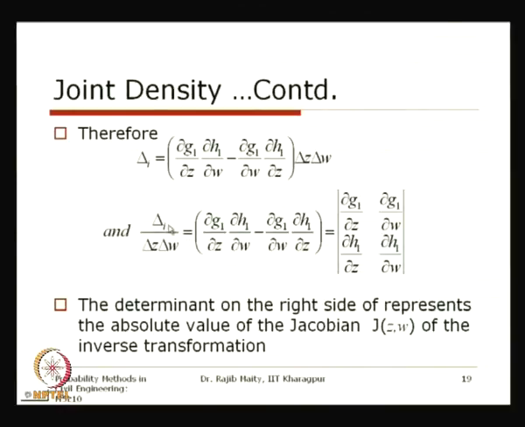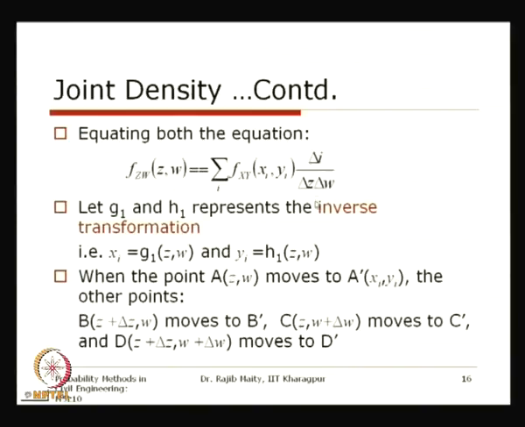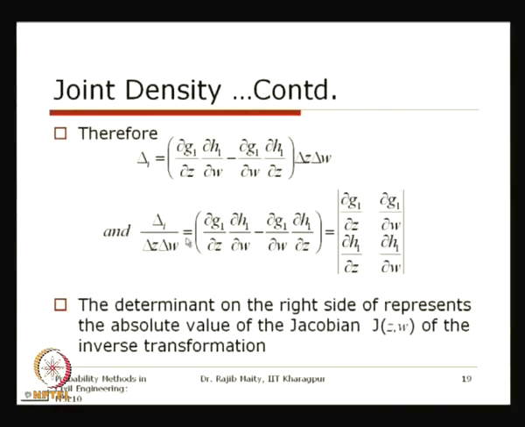What we are interested in now is delta I by delta Z delta W. This expression can be defined through this, where this will be cancelled, and dou G1 by dou Z times dou H1 by dou W minus dou G1 by dou W times dou H1 by dou Z, where G1 is the inverse function of G. This can also be expressed as the determinant of the matrix: this multiplied by this minus this multiplied by this. This determinant is the Jacobian of (x, y) with respect to (Z, W).